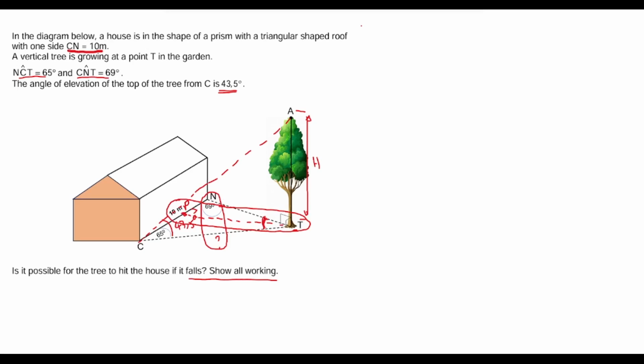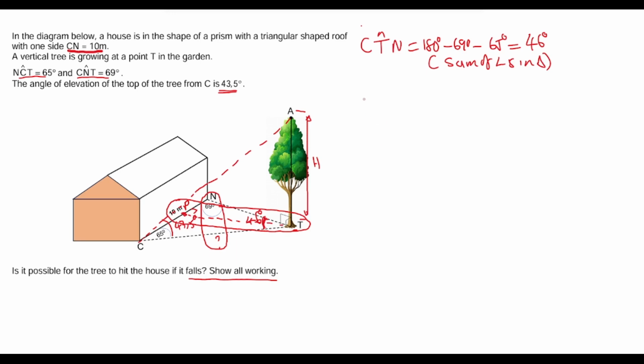Let's find angle CTN: it is equal to 180 degrees minus 69 degrees minus 65 degrees, which is 46 degrees. The reason is the sum of angles in a triangle. So this angle here is 46 degrees. Now we have angle CTN, angle CNT, and side CN, so we can find CT.